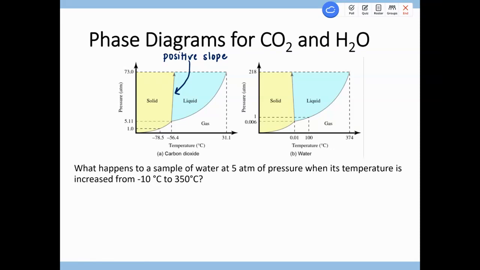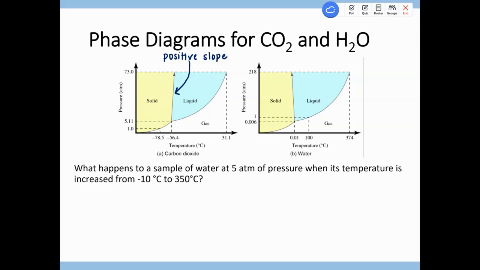So the slope is kind of to the right, which means that no matter what temperature, if you continue increasing the pressure more, then you're just going to have a solid. Liquid cannot exist if we imagine going to a pressure that's way past where this diagram shows. At the high pressures, we'd have a solid.